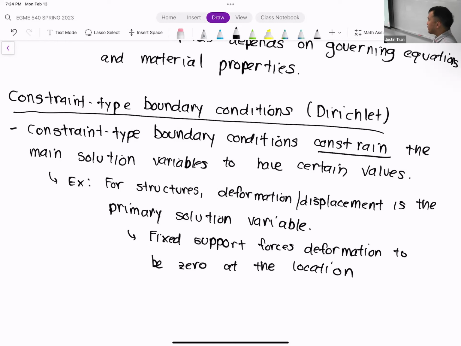And since this is a boundary condition that forces the deformation to be a certain value, in this case we're forcing it to be 0, this falls under the category of constraint type boundary conditions. Okay.